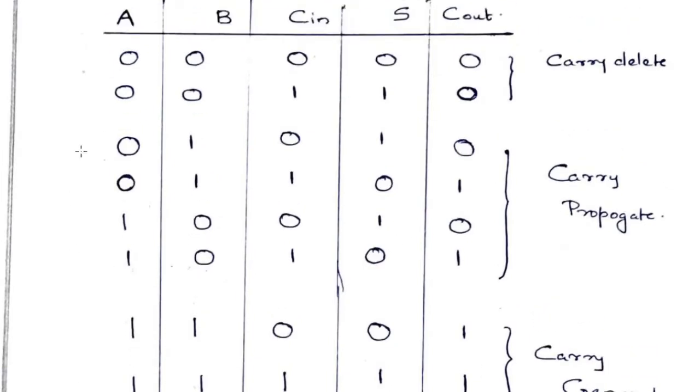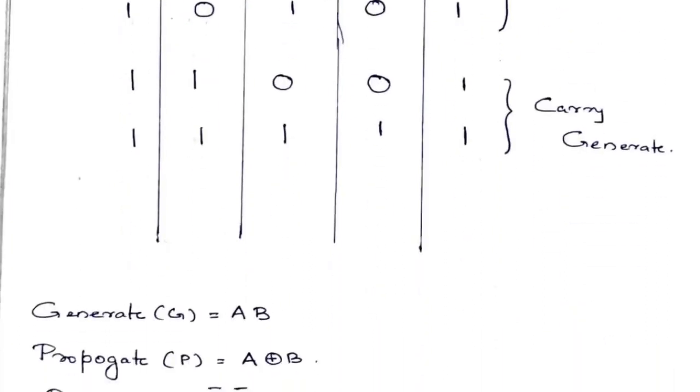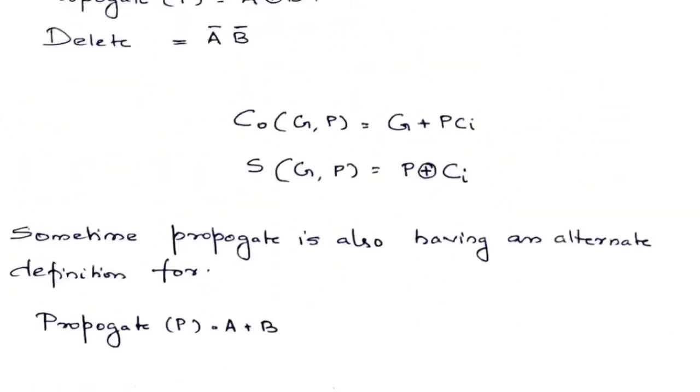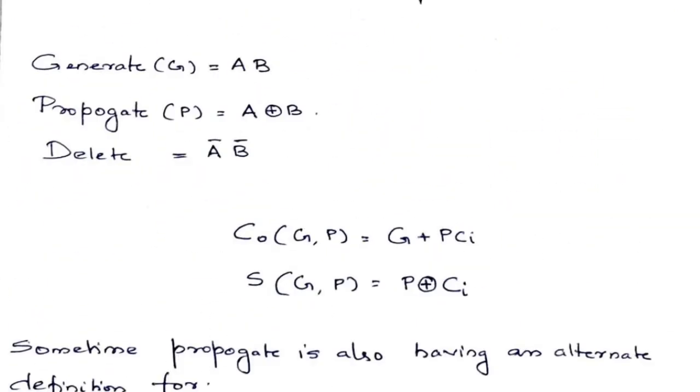From this truth table we can deduce that carry generate is when A and B are 1, that is G is equal to AB. Carry propagate is when A0 B1 or A1 B0, which is A XOR B, and carry delete is when both A and B are 0, that is carry delete is A bar B bar.